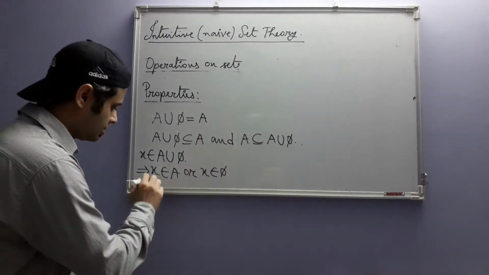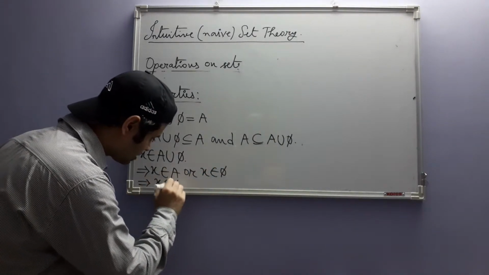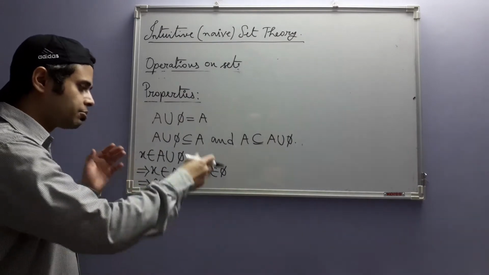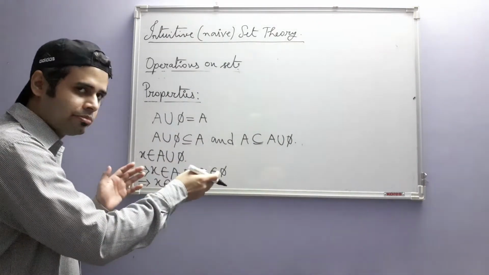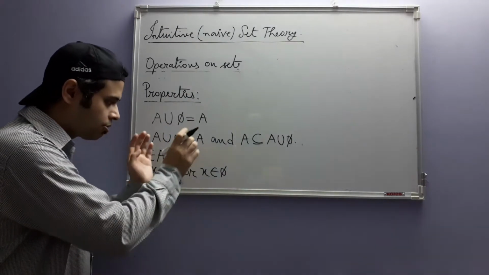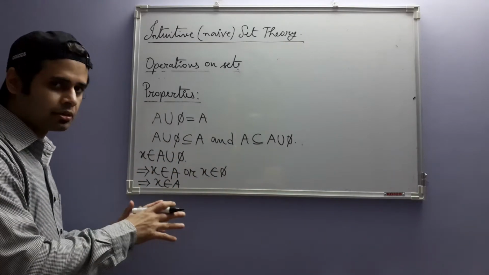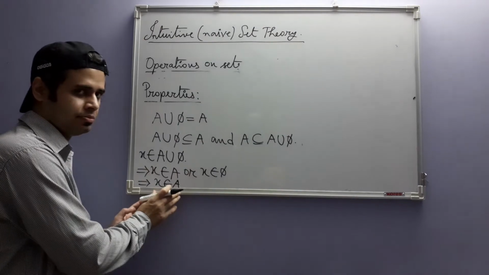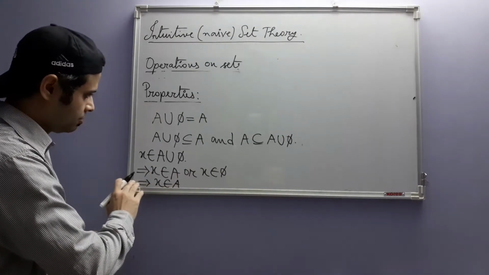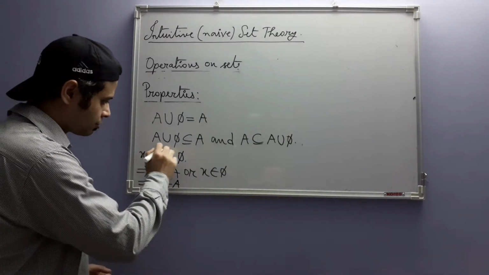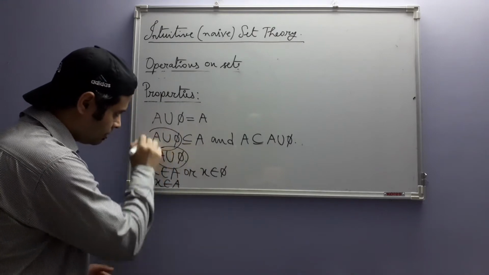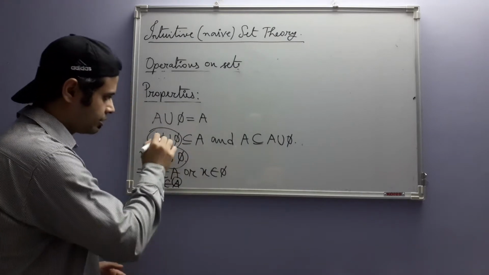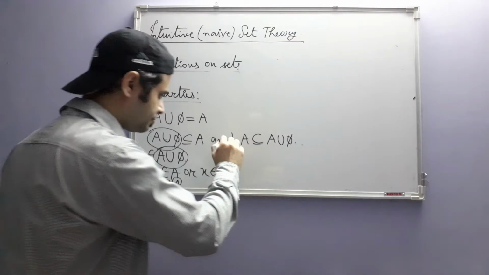So that means this implies x must belong to A. Because what does disjunction OR mean? Either this is true or this is true, or both are true. But this is not true, so that means this must be true. Okay. So in this way we have shown that any element in this set is an element in A. So this is a subset of A.